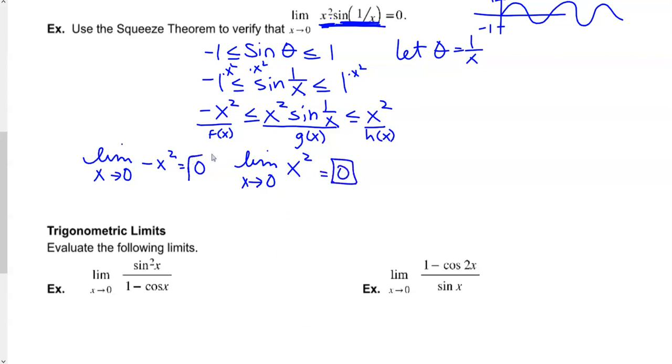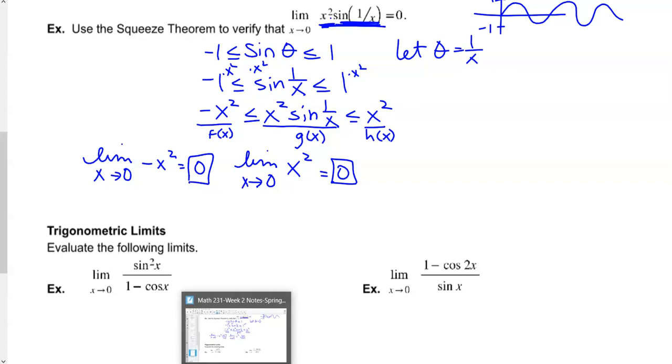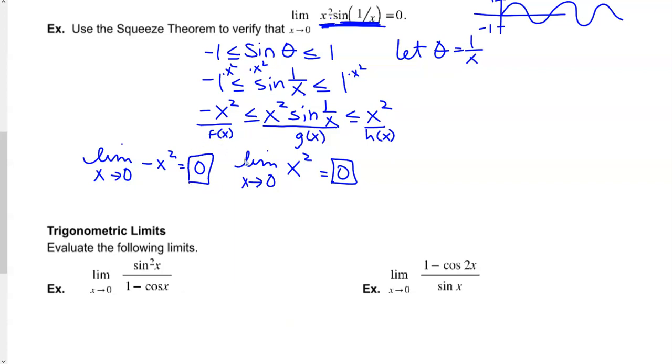So therefore, these two limits are exactly the same. And because of this inequality where f is less than or equal to g, which is less than or equal to h, then I can conclude by the squeeze theorem that as x approaches 0, of that x squared times the sine of 1 over x, that will also be 0. And that's your answer by the squeeze theorem.